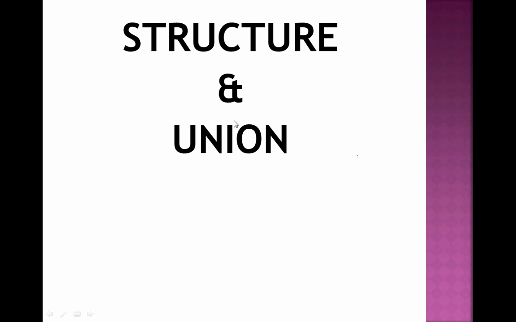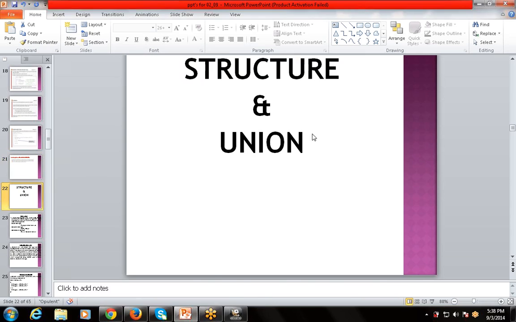Now let's discuss one by one what is a structure and what is a union. Both are the same concept, but with only one difference. That difference I will tell you at the end. But both are used for heterogeneous data structure, and both are used as user-defined data types. Now let's see in your book.